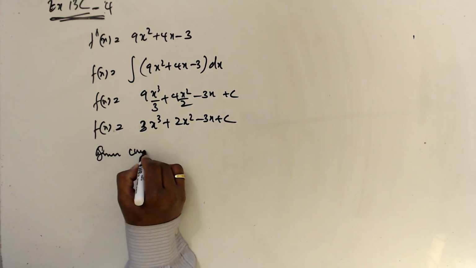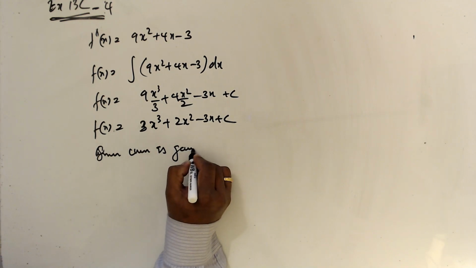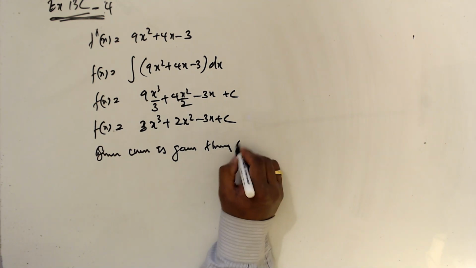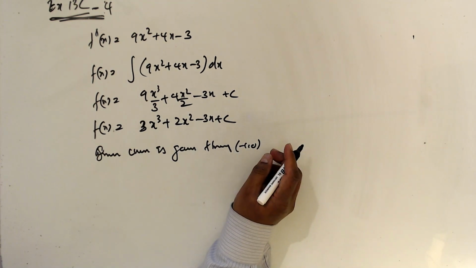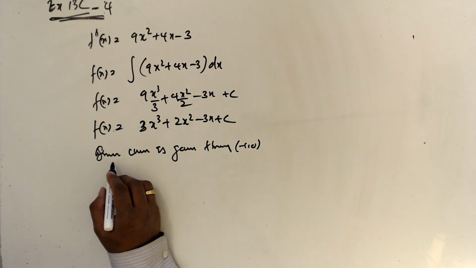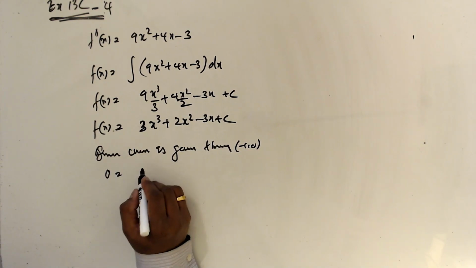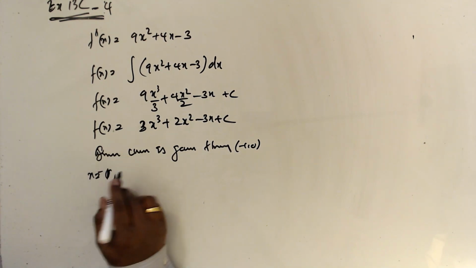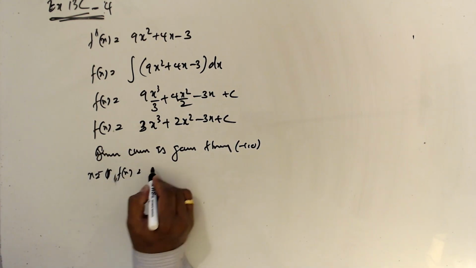Since the curve is going through this point, minus 1, 0, x equals minus 1 and f x equals 0.